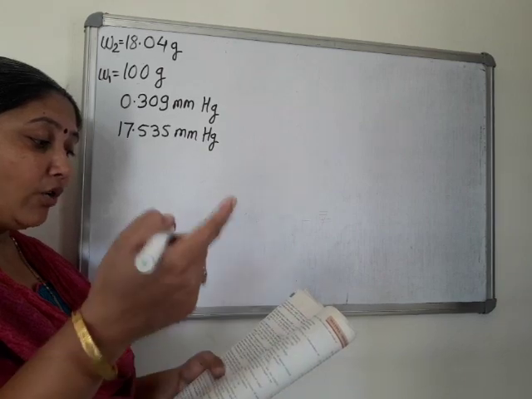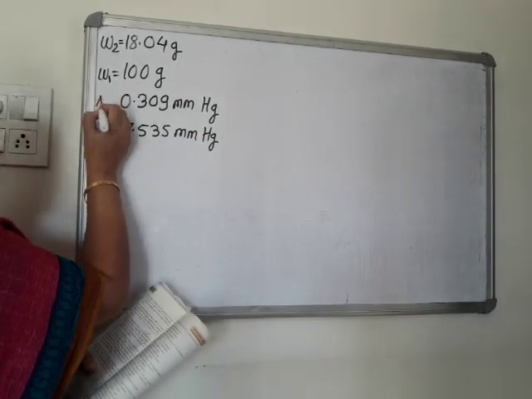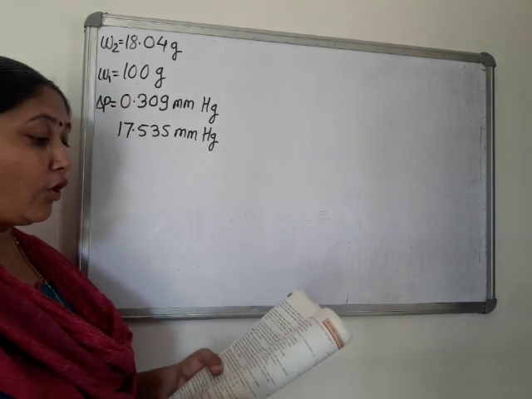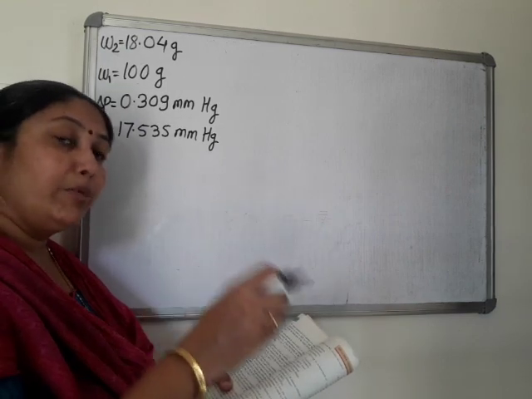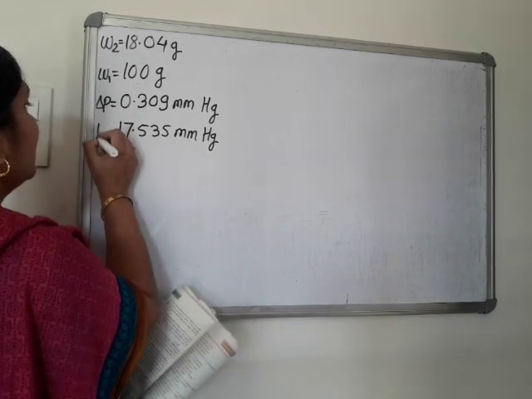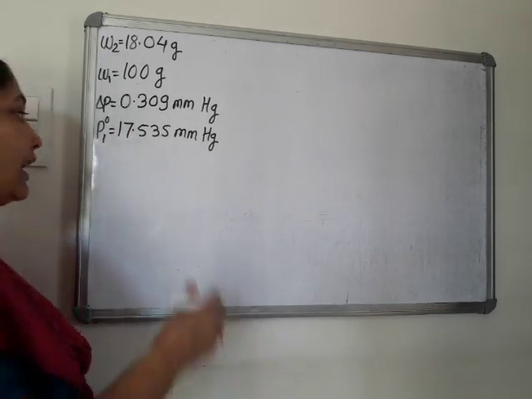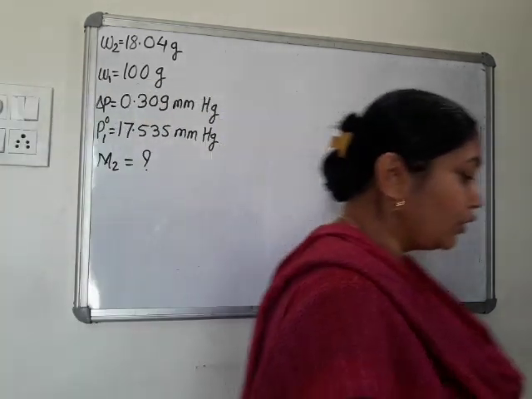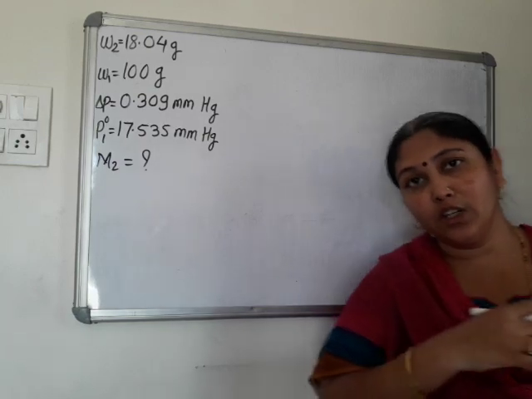The vapor pressure of water was lowered by, means this is lowering of vapor pressure, denoted as delta P. And from 17.535 mmHg, means this is vapor pressure of pure water, denoted as P01. And the question is, calculate molar mass of solute, that is M2. For solute we use suffix 2, and for solvent 1.